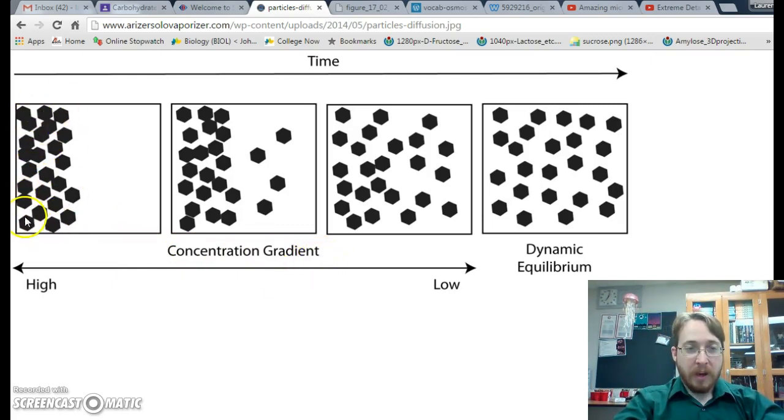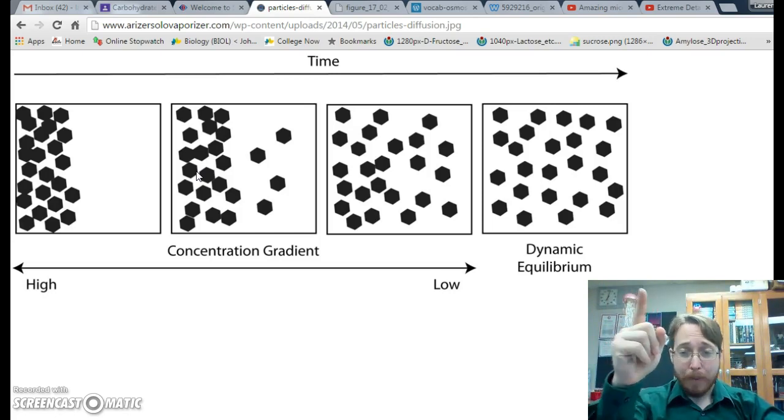From the high side to the low side. Always, the concentration gradient goes from high to low. And so that's what we see here. And in these pictures we see, okay, a few of them have migrated out this way. Now they're going to start having collisions with each other, and some of these might actually get sent back in the reverse direction, against the concentration gradient. Turns out that happens. That is important. That happens.